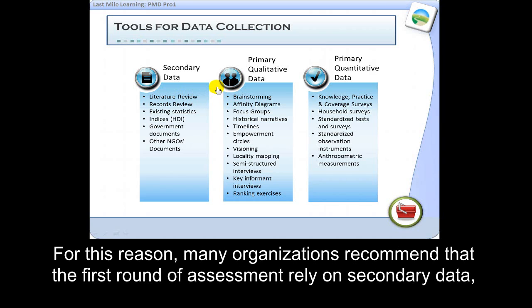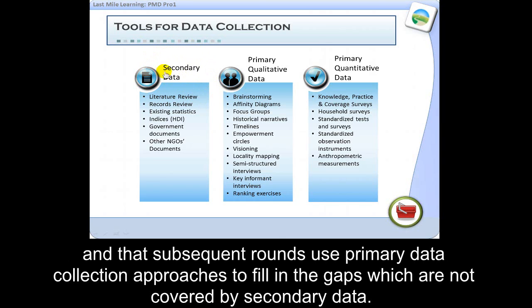For this reason, many organizations recommend that the first round of assessment should rely on secondary data and that subsequent rounds should use primary data collection approaches to fill in the gaps that were not covered by the secondary data.